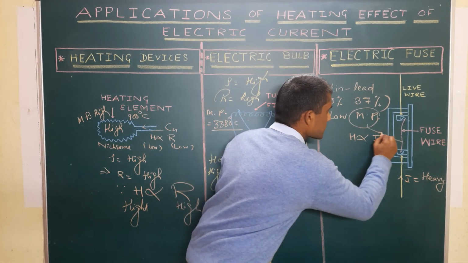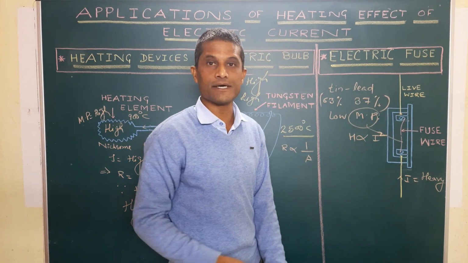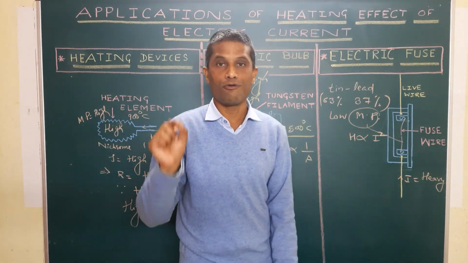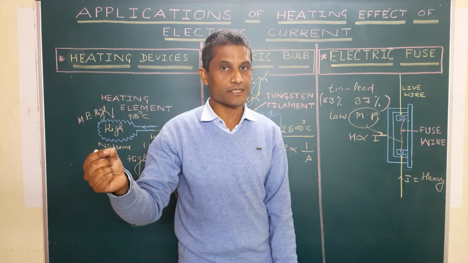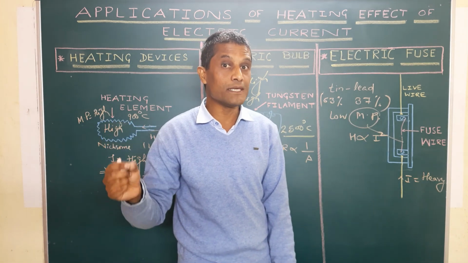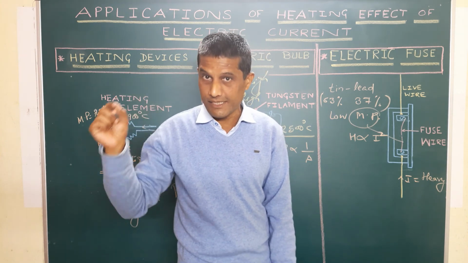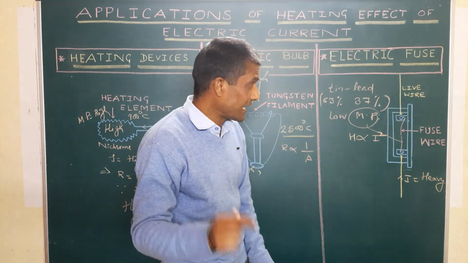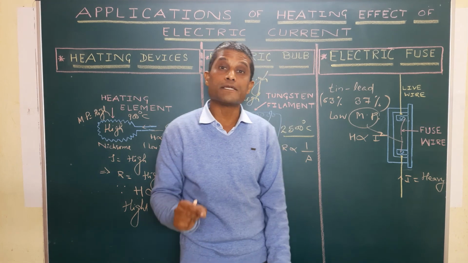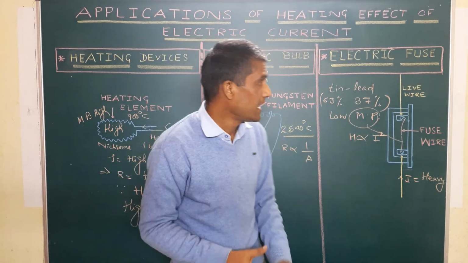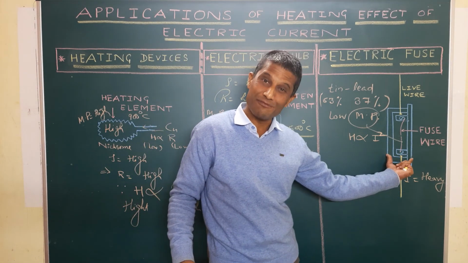Too much current is flowing through this very wire, thanks to the phenomenon of overloading, short circuiting, etc., which may be lethal for the electric installations and electrical devices, and they need to be prevented from any kind of damage. That's why the name is safety device.